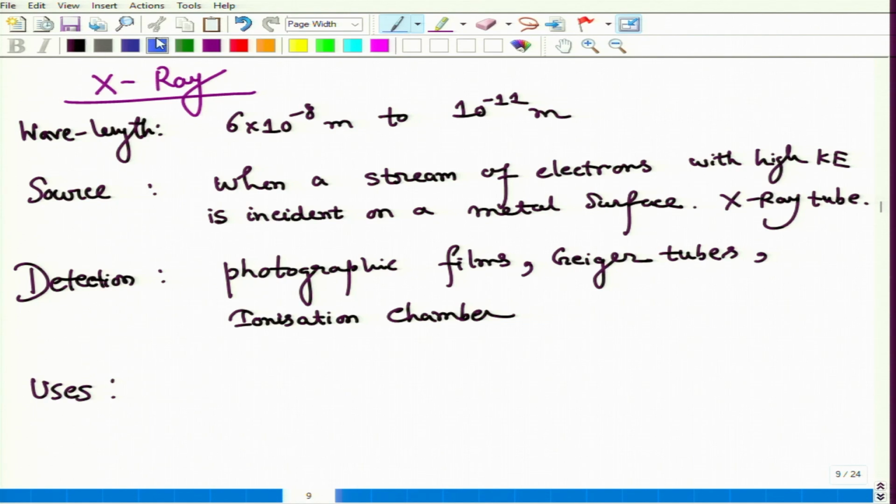We are very much aware of the uses of X-ray. X-rays are basically very much used in our medical science. So let me write it. Uses: to identify the bone structure, so its use is medical imaging, and also its use as therapy for treatment like cancer.